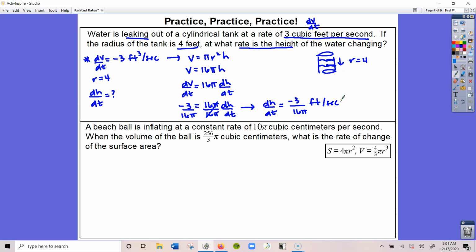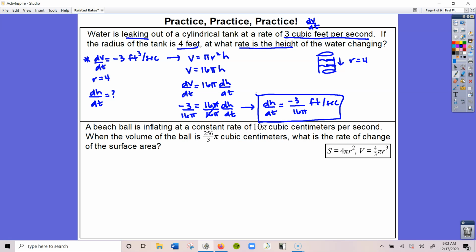So feet squared per second, or meters squared per minute, etc. But if your unit is just one dimension, so either height, a radius, a side, a length, anything like that, it would just be your unit per unit of time. So feet, meters, miles per second, per minute, etc. So no exponent. So that's how you can guide yourself on your units.